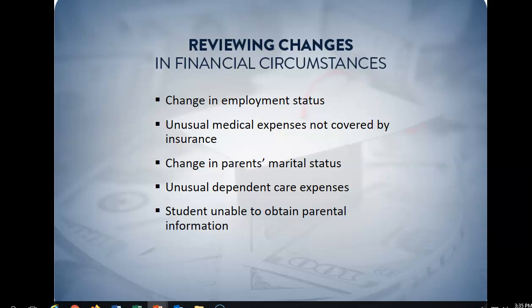So just because school A does a review and changes the information on the FAFSA because of unusual medical expenses, another school may choose not to do that. There is no recourse on your part. This is strictly determined by the college's policy. So you'd want to reach out to each school individually, provide whatever documentation is necessary, and then hopefully you would be able to see some change in your financial aid package because of that.